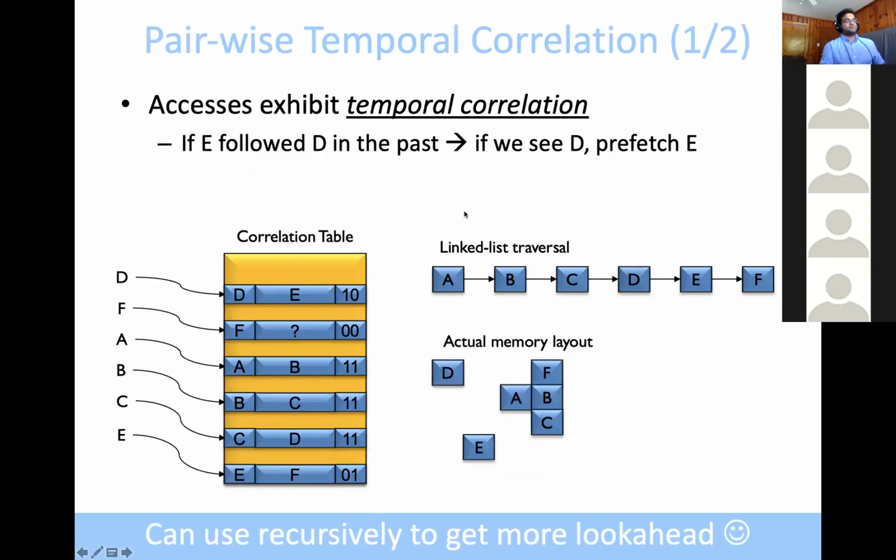The most efficient way of building a temporal correlation table is to use a map, right? This is a map. You have a key, and it shows you where you went the last few times. We're calling this a temporal correlation table.